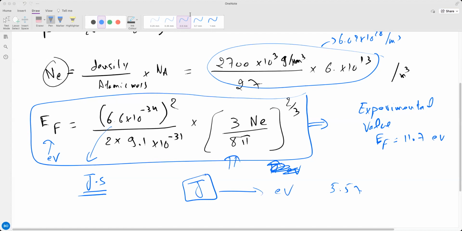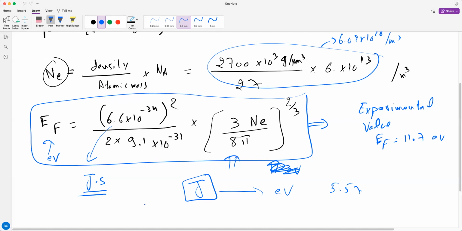Yeah, no, it's 11.6. Maybe there is a mistake in the calculation, but anyway, it's a good way.